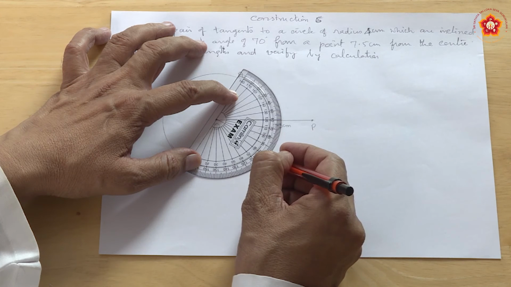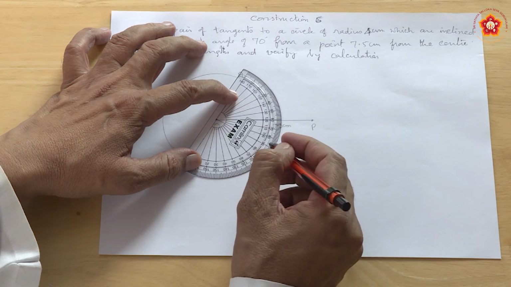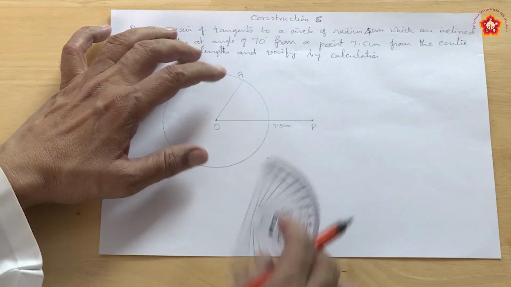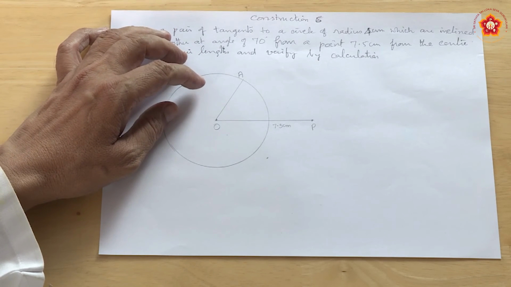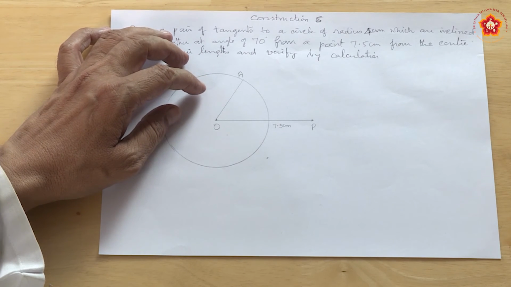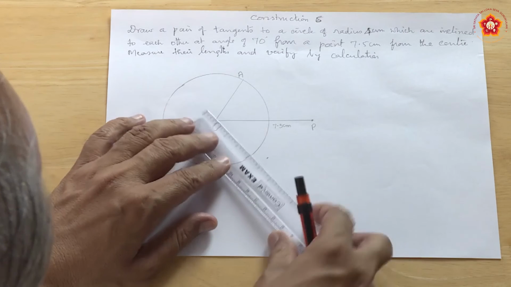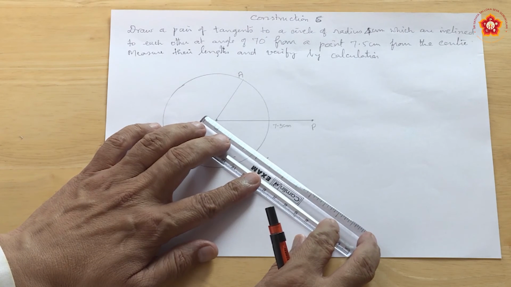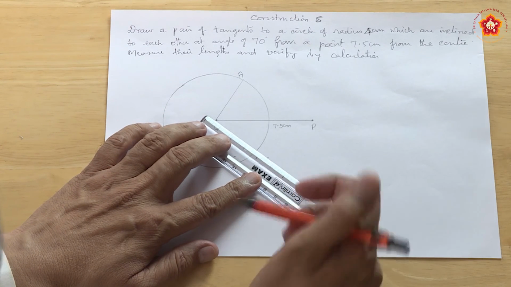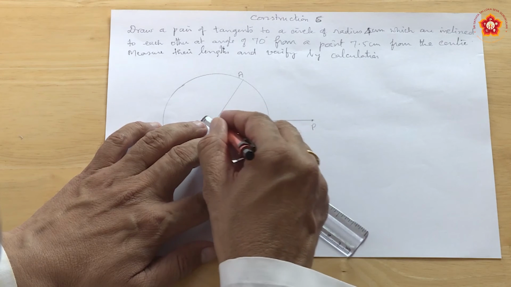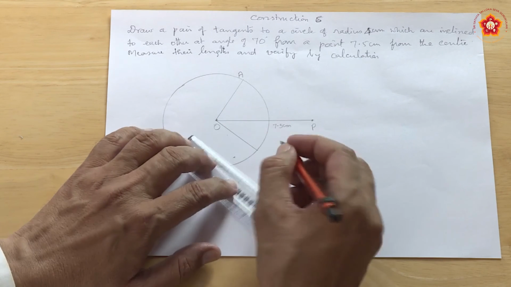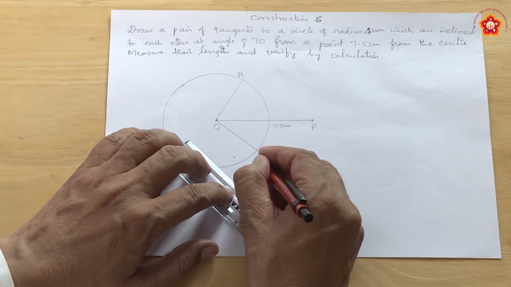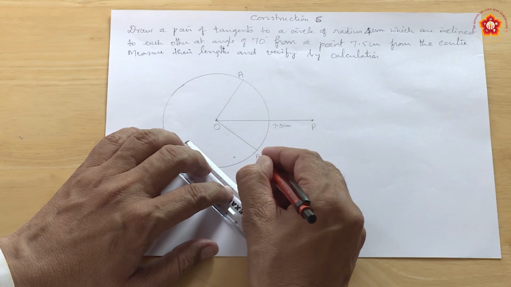What kind of angle is 110? It is an obtuse angle, more than 90. So, I marked the 110 degrees. Join the line up to the circle only, not outside. You name it as B.